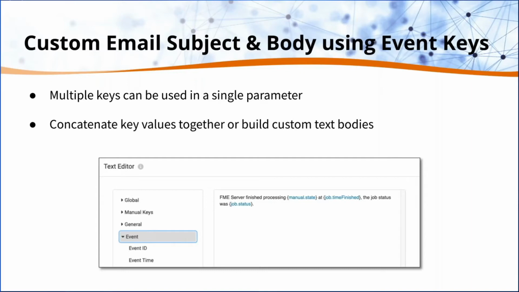When selecting output keys for parameters, you can use the text editor to select and format the output as you wish. And in this example on the screenshot on the bottom, we're customizing our email subject or body with event keys such as the job status, time finished, and the state that we're processing based on the manual trigger. And with this setup, we'll be receiving descriptive and dynamic emails based on key values.